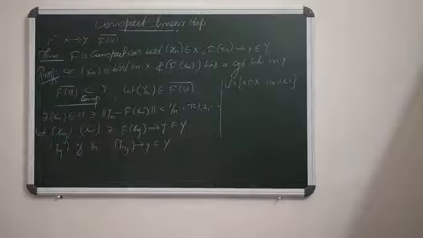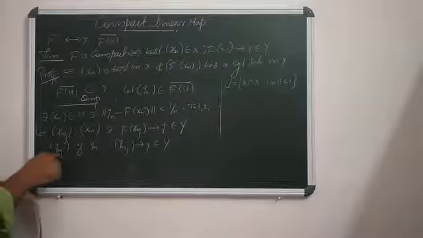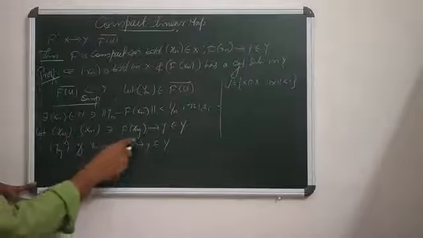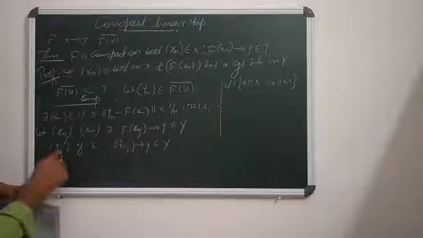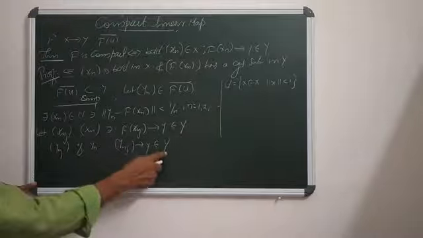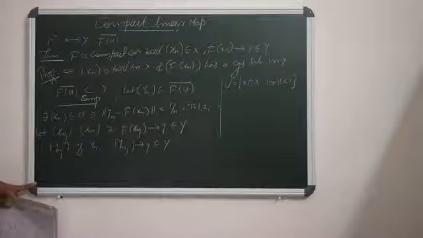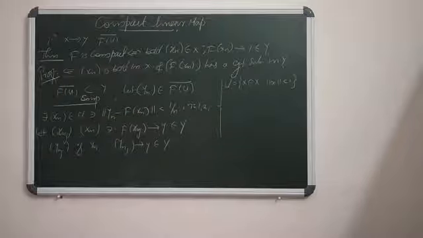So, that means the subsequence in f of u closure converges in where? Converges in y. Then according to our previous result, when a set is compact, it is complete and totally bounded, and every sequence has a convergent subsequence.